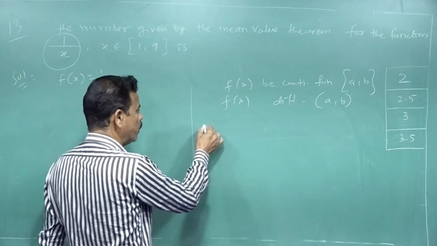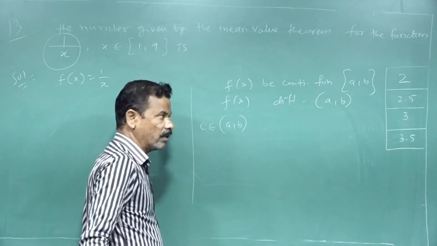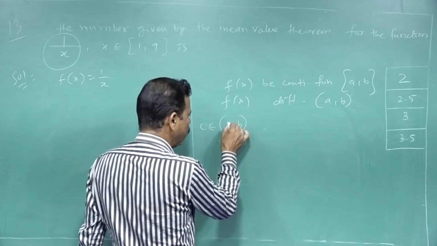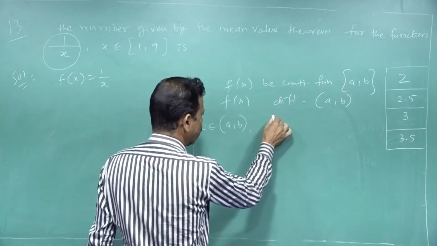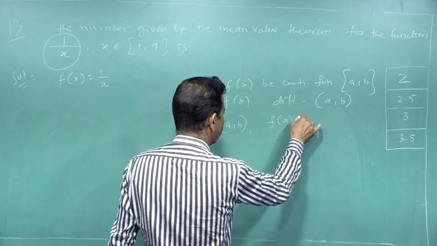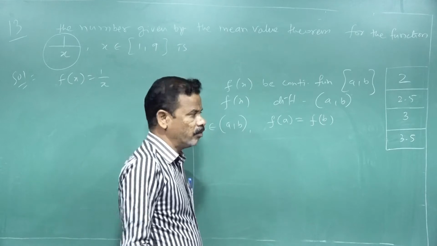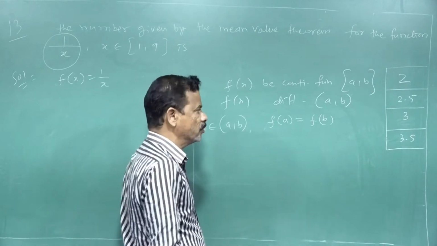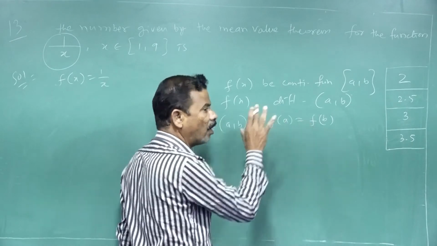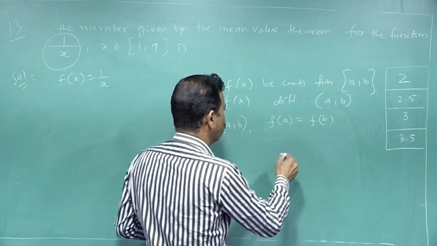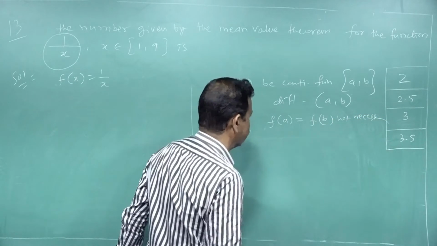Then there exists c belonging to the open interval (a, b). So any value exists according to the mean value theorem. That means here f(a) is equal to f(b) is not necessary. Both need not be equal. If equal also no problem, but not necessary.